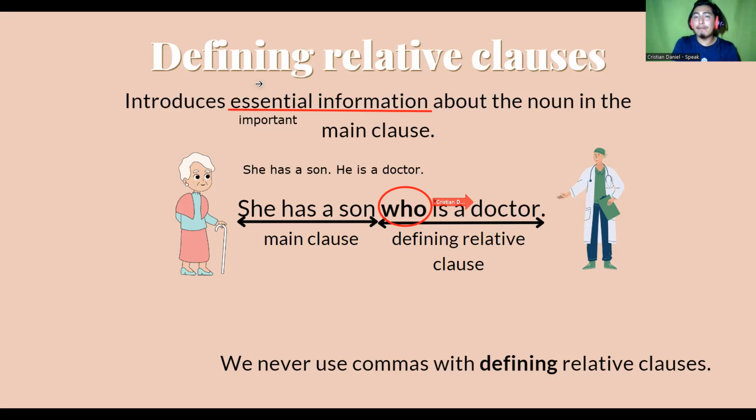That's why we use the defining relative clauses, because this information is essential, is important, and we want to mention that info. She has a son. It's something simple. We don't have any information. But if we join the second sentence with the defining relative clause, then we can see that it's important that her son is a doctor.